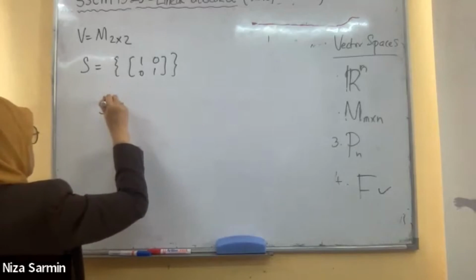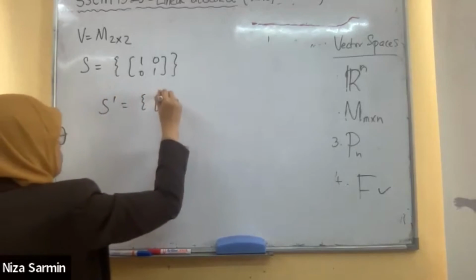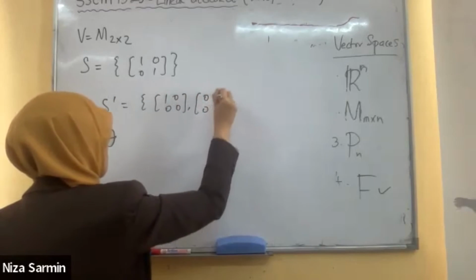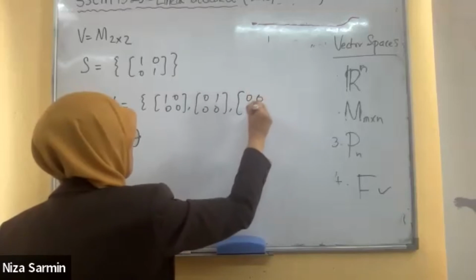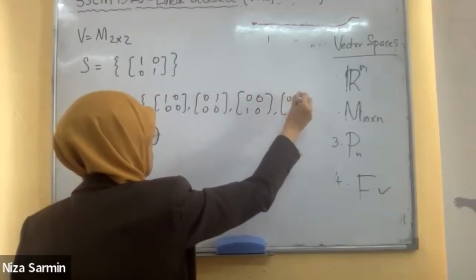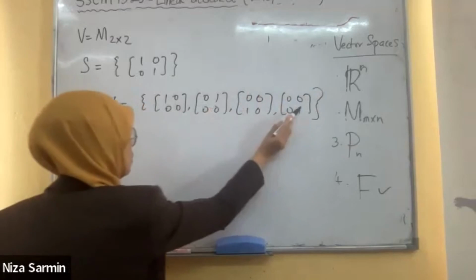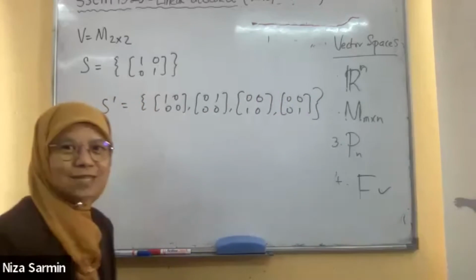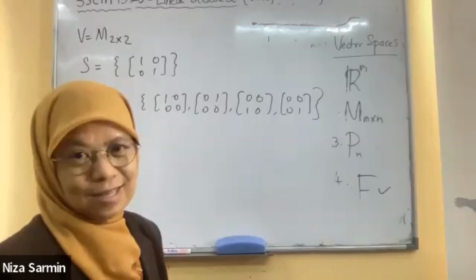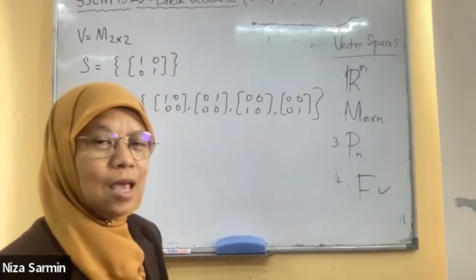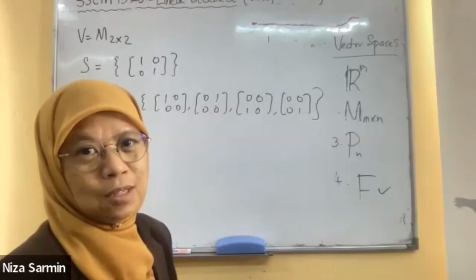For example, I change the 1 here, 1, 1, 1, 1. So this is the easiest set S that can span M2 by 2.